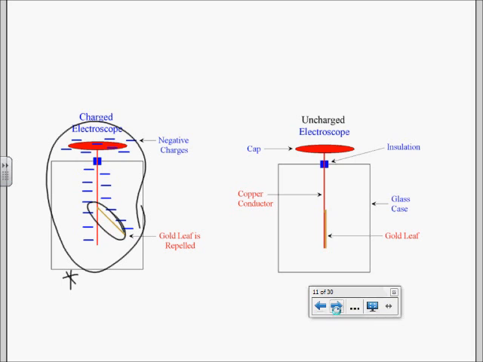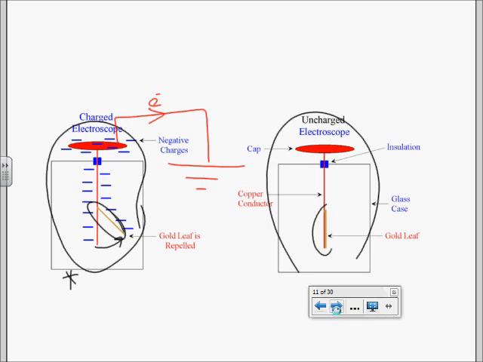This part here is a piece of gold leaf, which is nice and thin and light, and because like charges repel, the leaf goes up. If that electroscope is then connected to Earth, that's the symbol for Earth, the electrons are going to flow down to Earth, and you'll end up with the electroscope being uncharged and that leaf has collapsed.